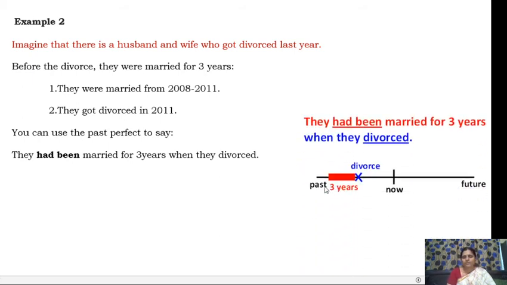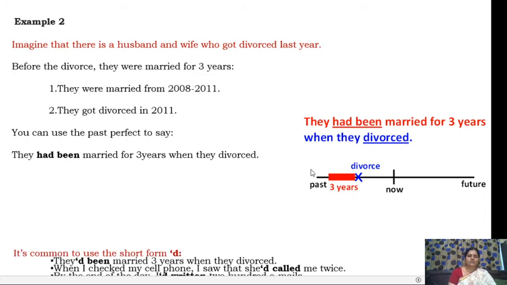Like here, something happened over 3 years and the other action happened exactly after 3 years. To refer to these two actions in one single sentence, we put the thing which happened earlier in past perfect, the other thing in simple past tense.